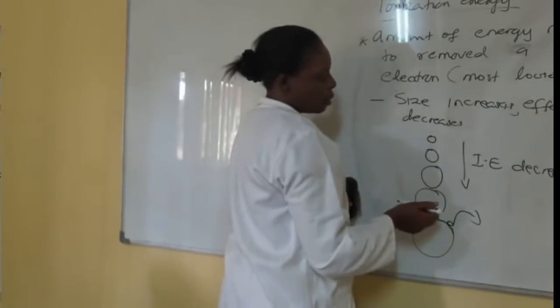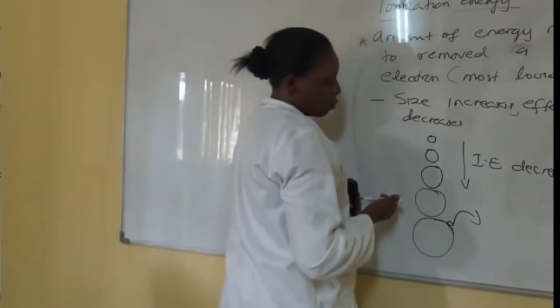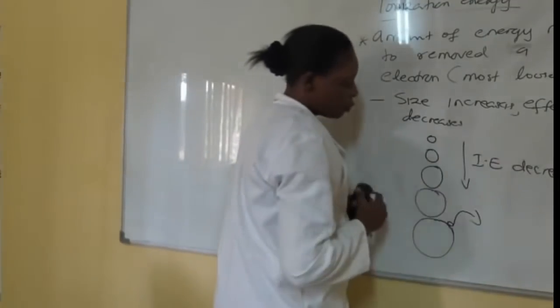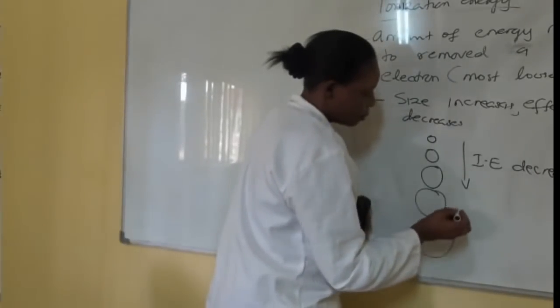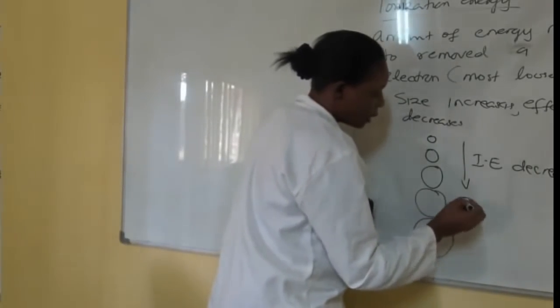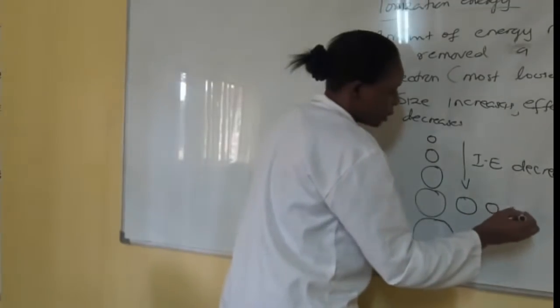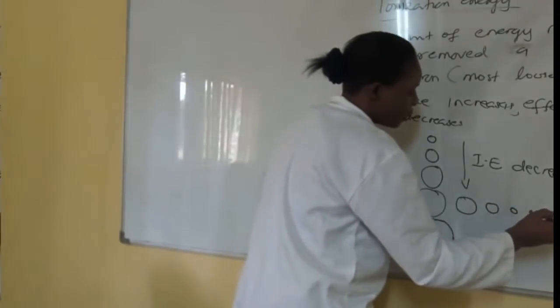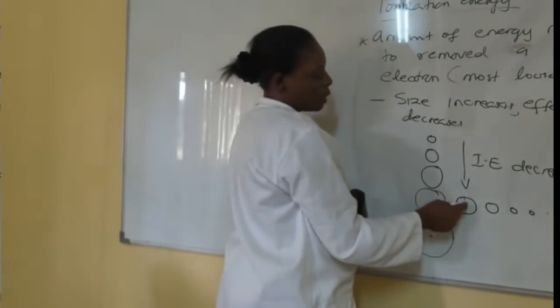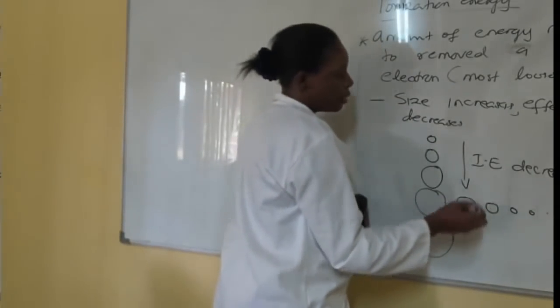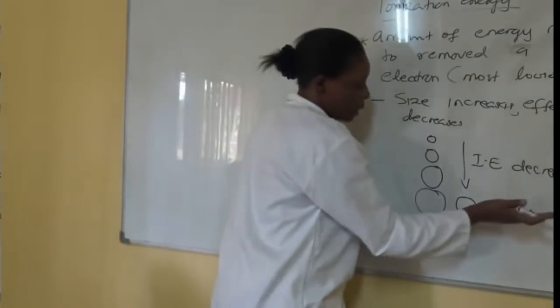Then, as you move from left to right across a period, we note that size decreases. If size is decreasing, effective nuclear charge is increasing.